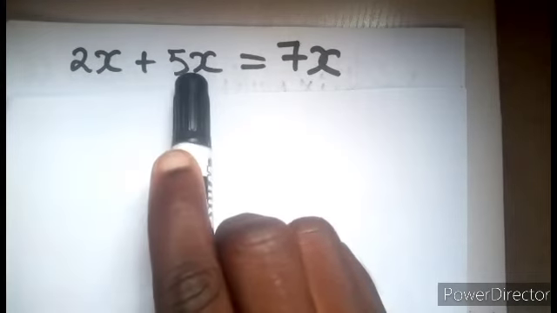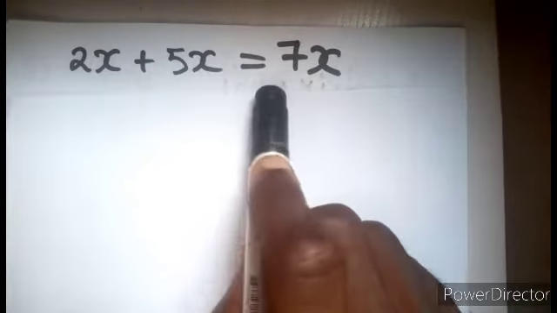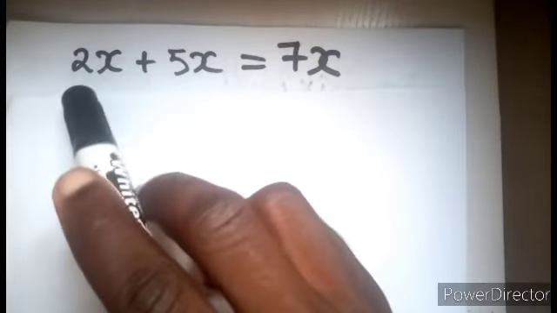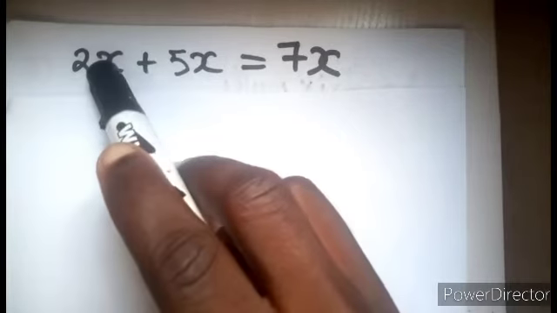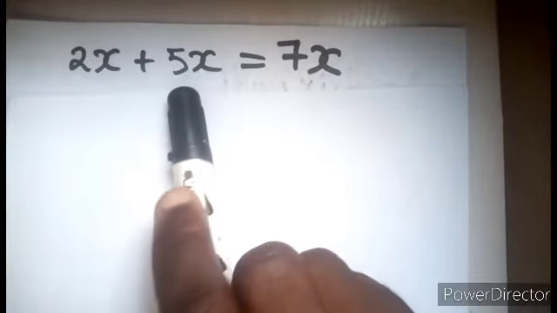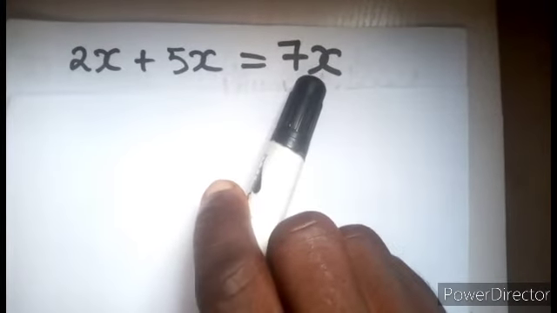Actually, this follows from the directed numbers. Imagine you are given 2 apples and 5 apples later on. In total, you are left with what? 7 apples. Okay.